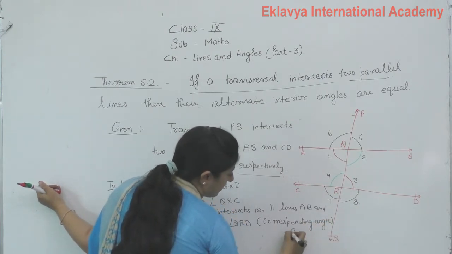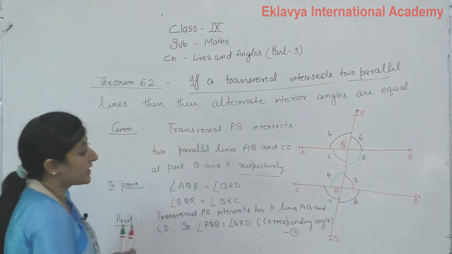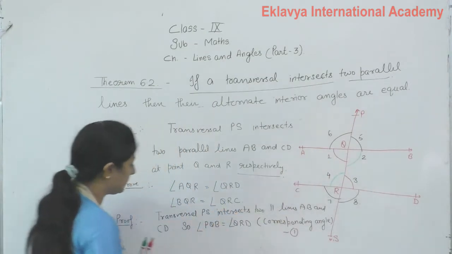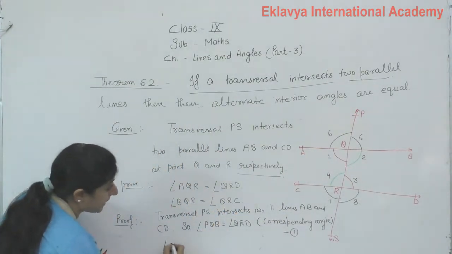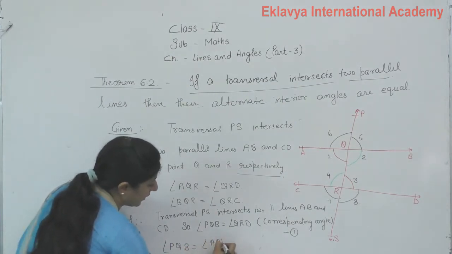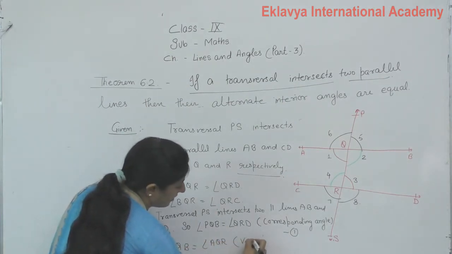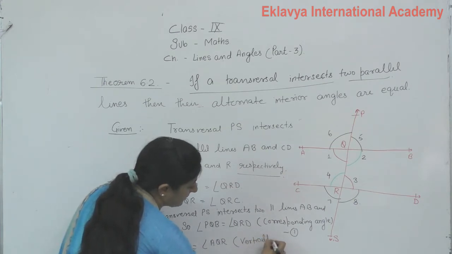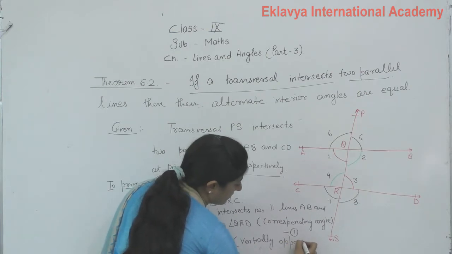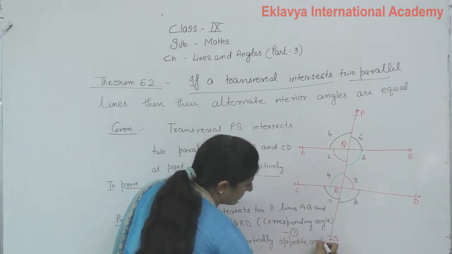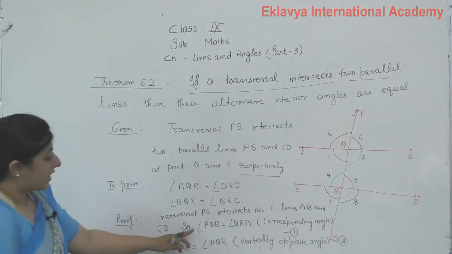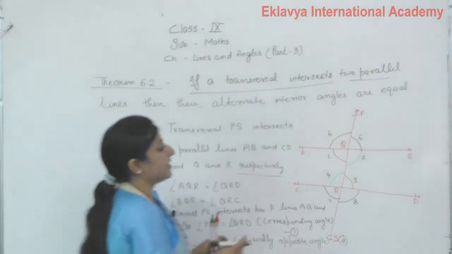This is equation first. Now the second: angle PQB is equal to angle AQR, reason: vertically opposite angles. This is equation second.